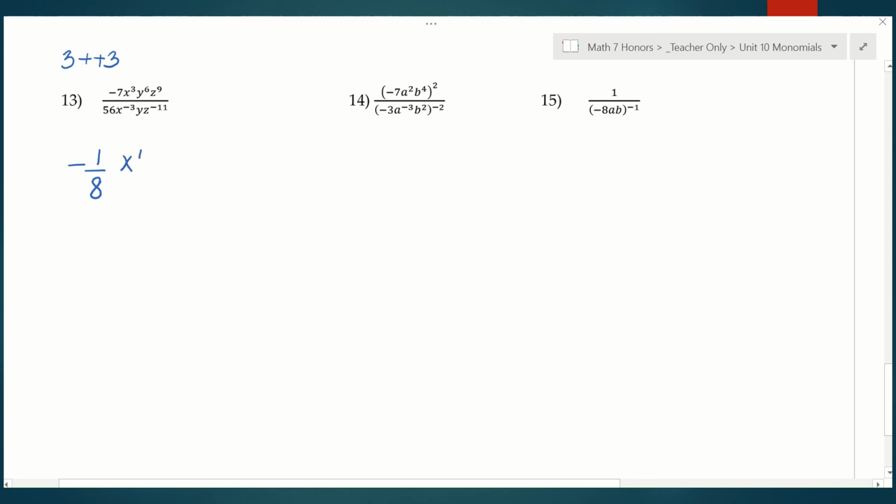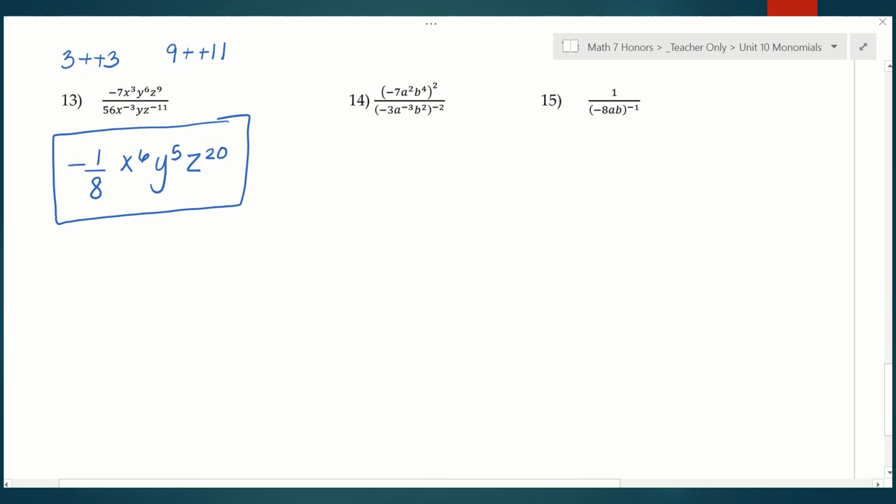So this will give me x to the 6th. It looks like y to the 6th divided by y to the 1st, which would be y to the 5th. And then z to the 9th divided by z to the negative 11th is 9 minus negative 11, which is 20. And that's it. No negative exponents to deal with. That's our final answer.